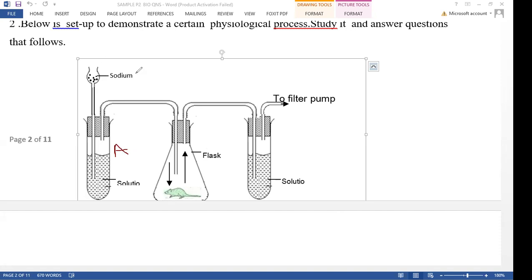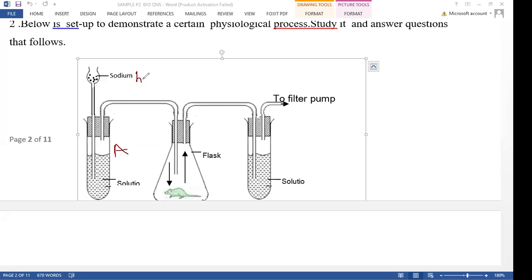Now, if at this point we have sodium hydroxide, it means the air getting into this test tube A does not contain carbon dioxide, because that carbon dioxide has been taken by this sodium hydroxide. So that is why the color of solution A does not change, or remains colorless.